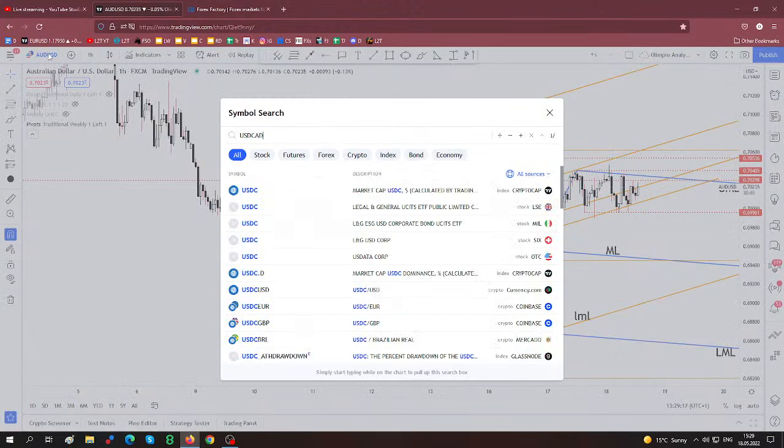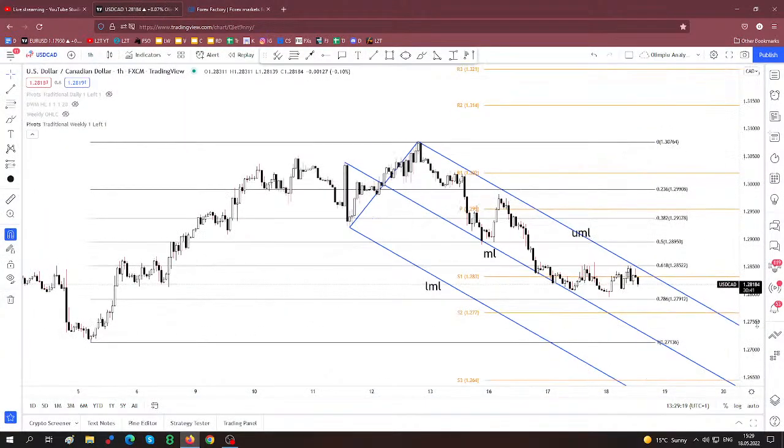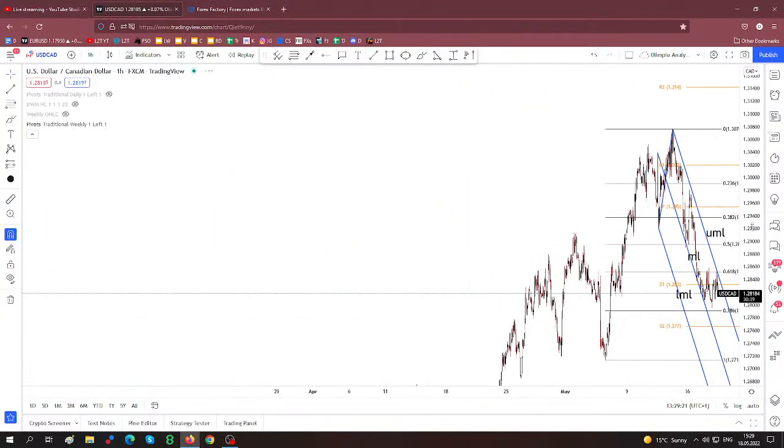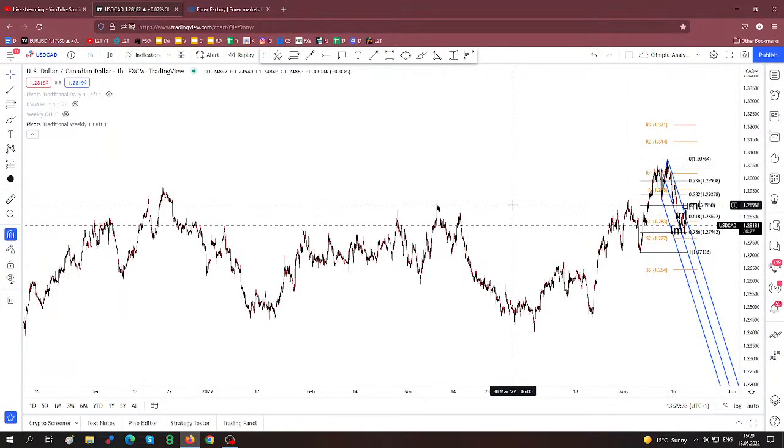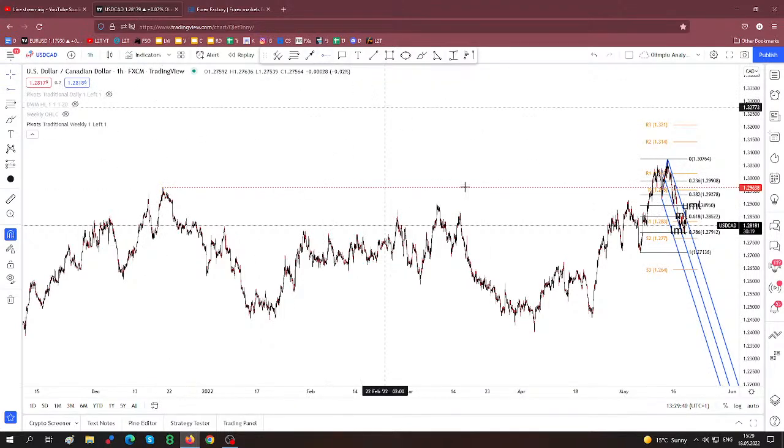So US dollar, Canadian dollar before the Canadian inflation data, and let's take a look here. Right now the US dollar versus the Canadian dollar is in a corrective phase, as you can see here, after it has failed to stay above these former highs, key levels. One moment, because I will use also this key level here, maybe this level as well.